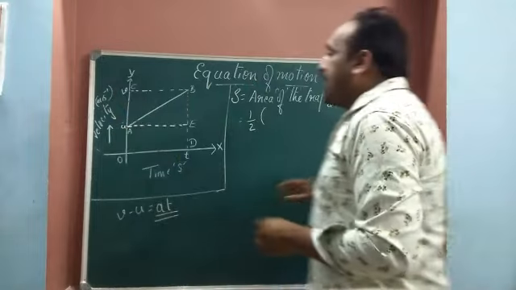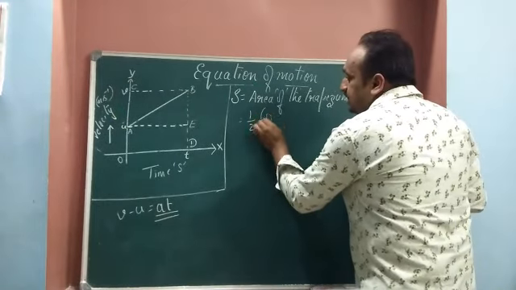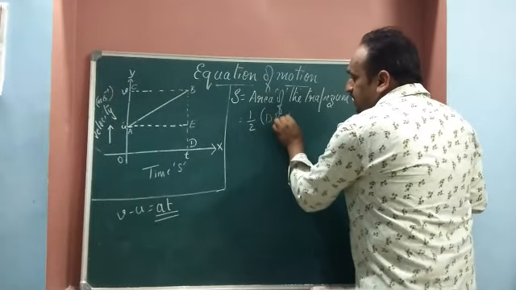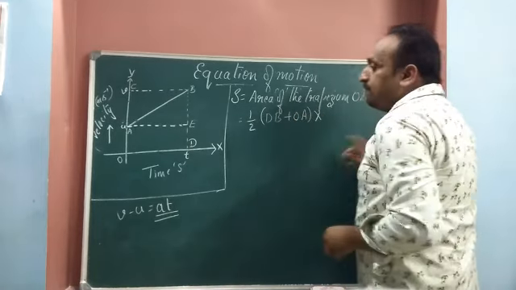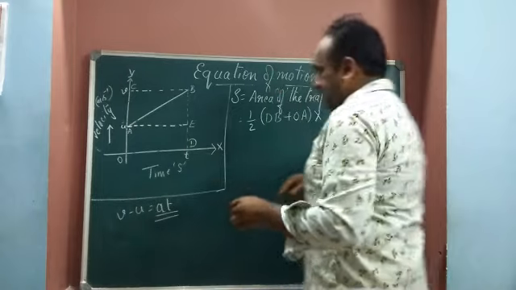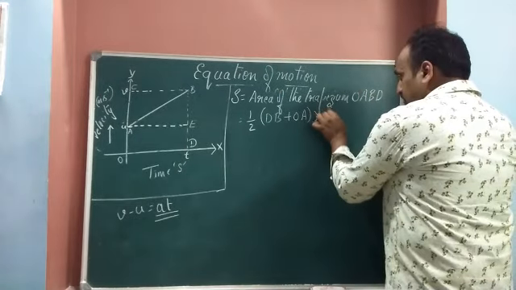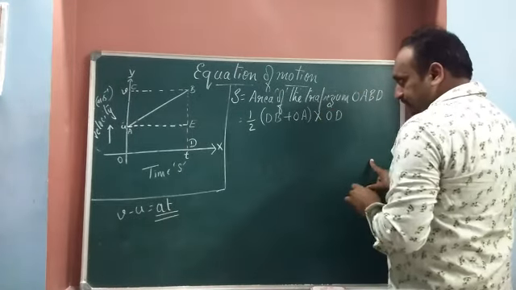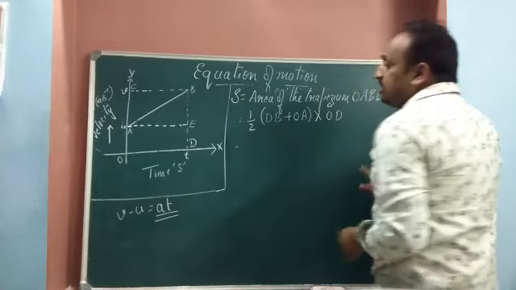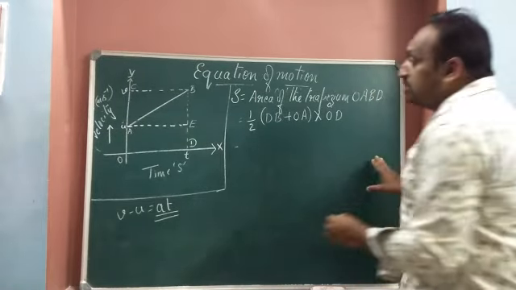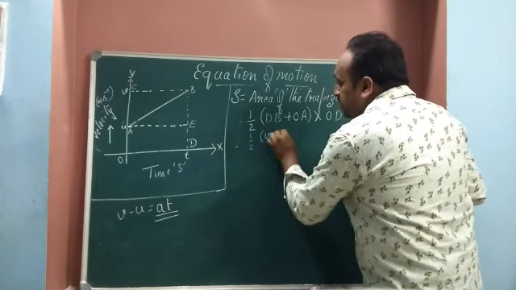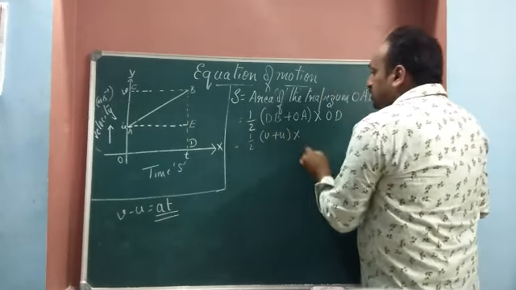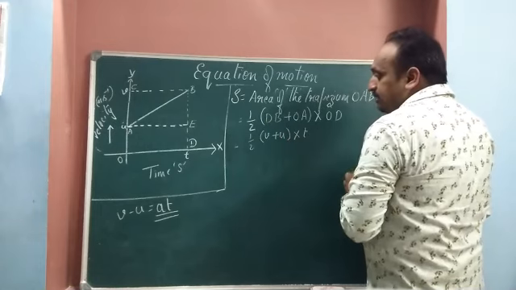These two are the parallel sides. That is DB plus OA into the perpendicular height, nothing but OD. Then substitute the corresponding values. That is half into V plus U into OD, which is time.